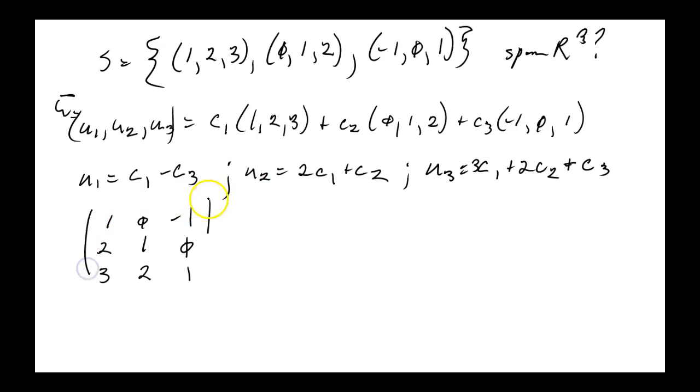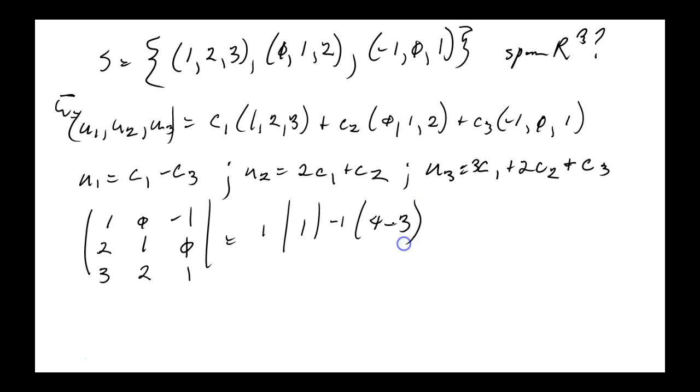The determinant of this would be 1 times 1, minus 1 times (4 minus 3, which is 1).